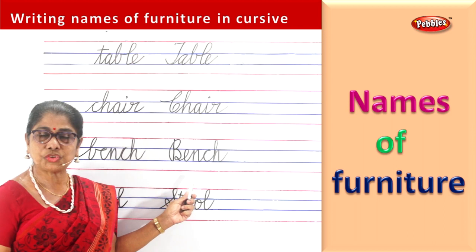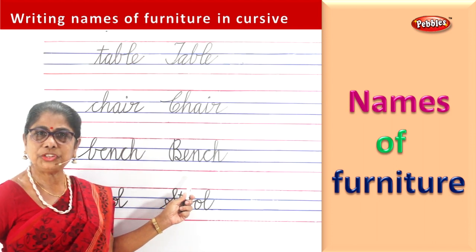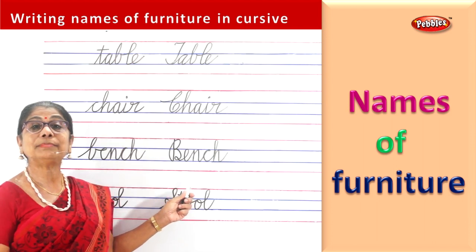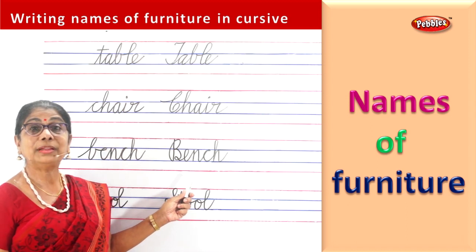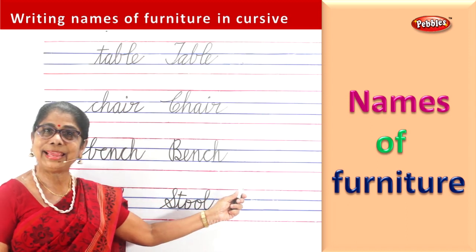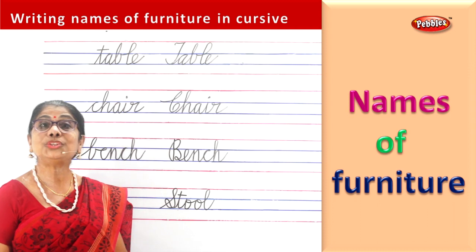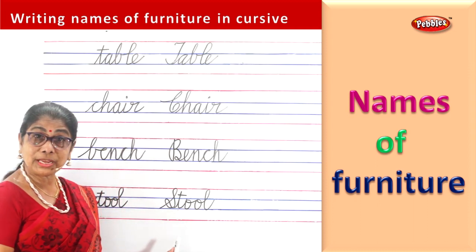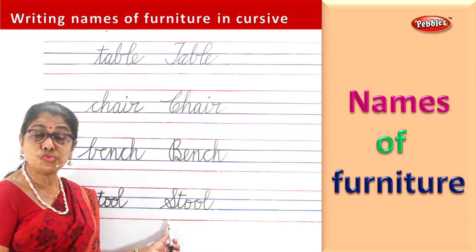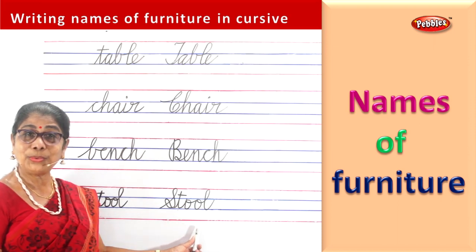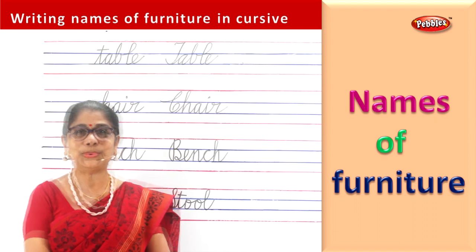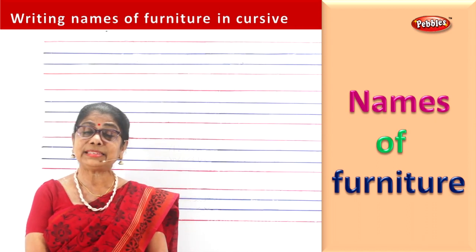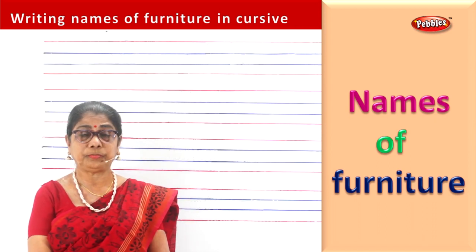Next, bench. Long piece of furniture. 4 of you can sit, sometimes 5. Bench. B E N C H, bench. To put something in a corner or to climb up and put something up, you need a stool. S T O O L, stool.